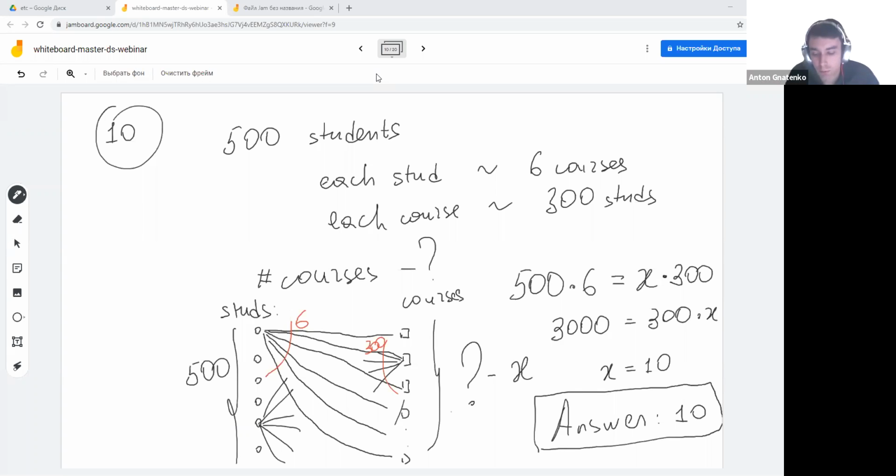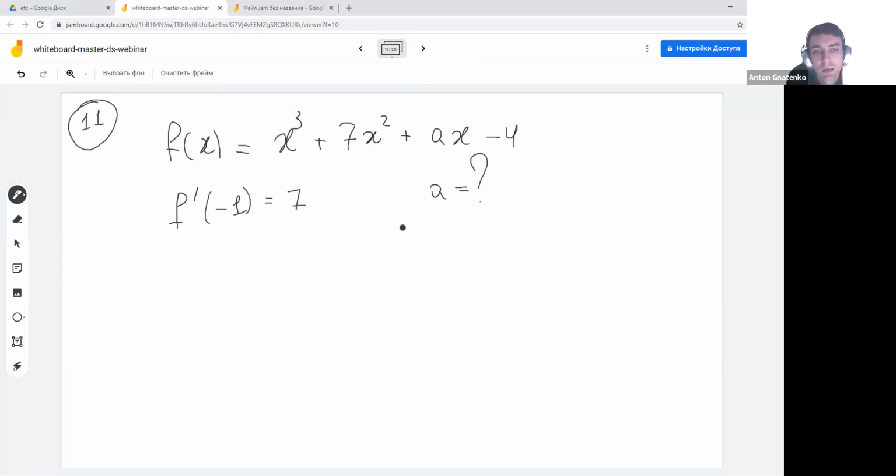But we will have a problem closer to the end which requires knowledge of some combinatorial formulas, at least the simple ones. So it's a good idea to know them. But we will see this problem down the list. And let's continue with the problem 11.